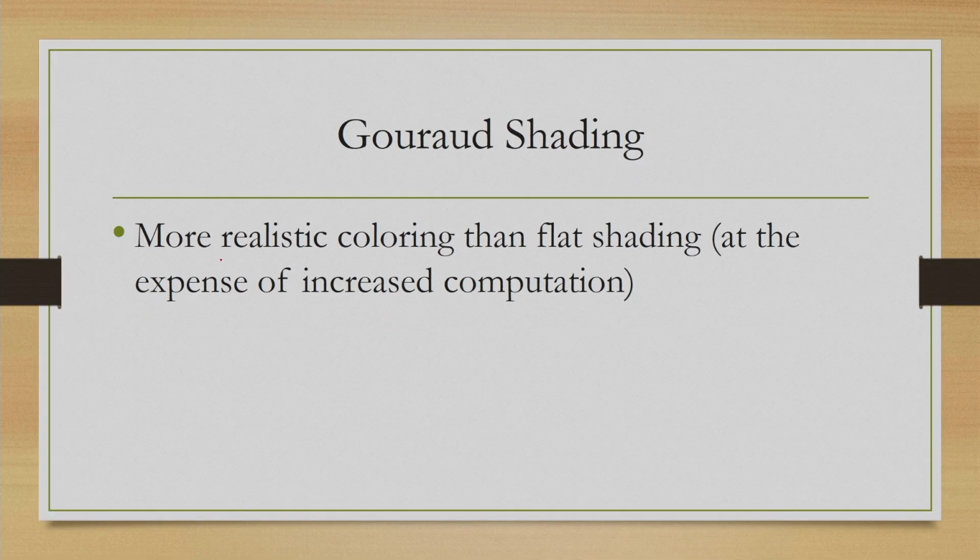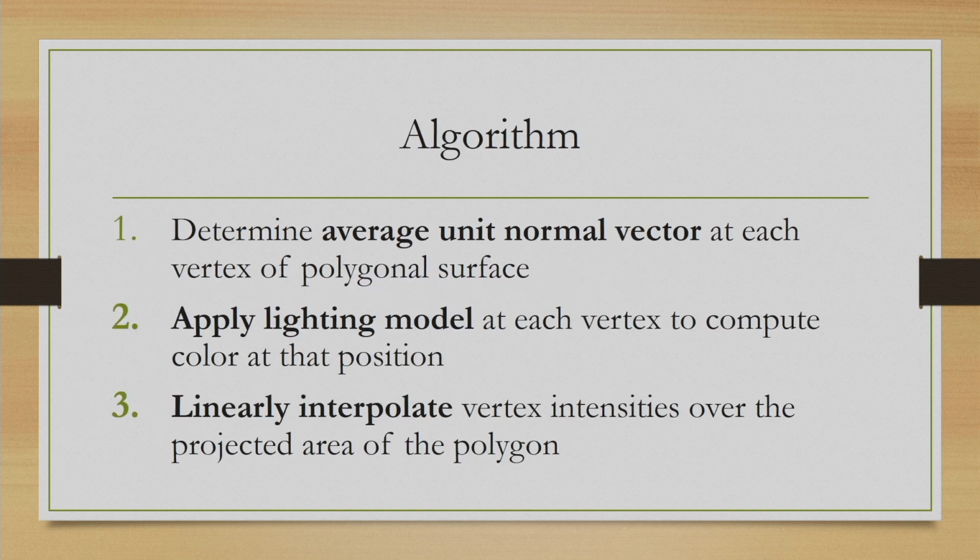It gives us a more realistic coloring effect than flat shading, but at the same time it involves more computation. So, the improvement is at the expense of increased computation. What happens in this shading method? First, we determine the average unit normal vector at each vertex of a polygonal surface.